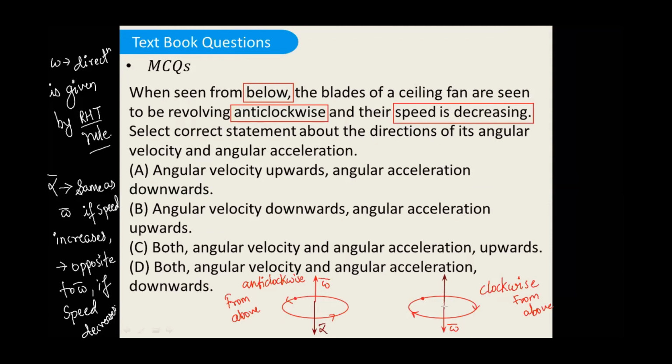This is alpha bar. Alpha will be opposite to omega because the speed is decreasing. If the speed decreases, alpha bar will be opposite to omega bar.